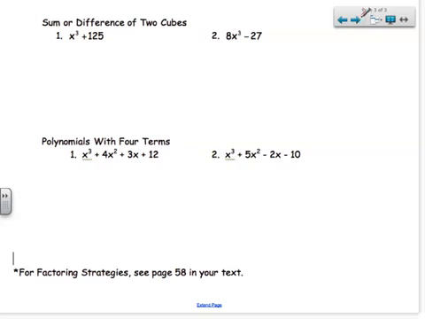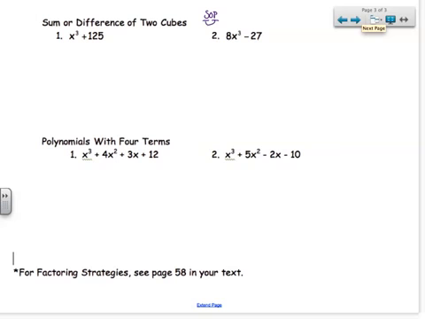The next one is for the sum or difference of two cubes. And so when we're doing these, there is a method that some teachers refer to as SOP SMILE. Okay, and so I'm going to let you know what exactly that is referring to.